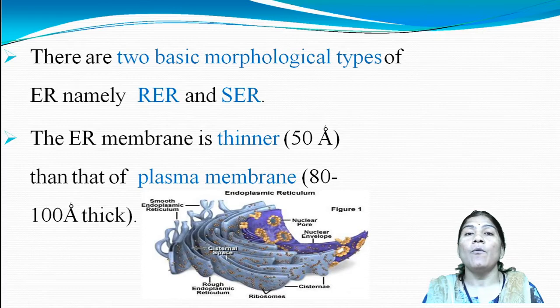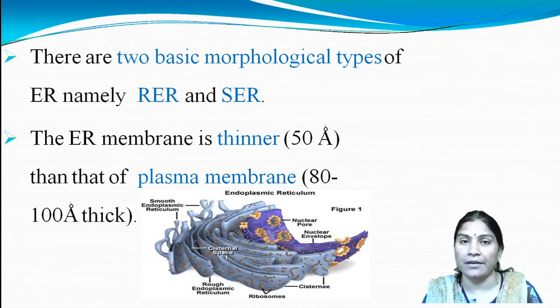On the basis of morphology, endoplasmic reticulum has two types, that is the smooth endoplasmic reticulum and the rough endoplasmic reticulum. Smooth endoplasmic reticulum we also call the SER, and rough endoplasmic reticulum we call the RER. The endoplasmic reticulum membrane is much thinner as compared to the plasma membrane.